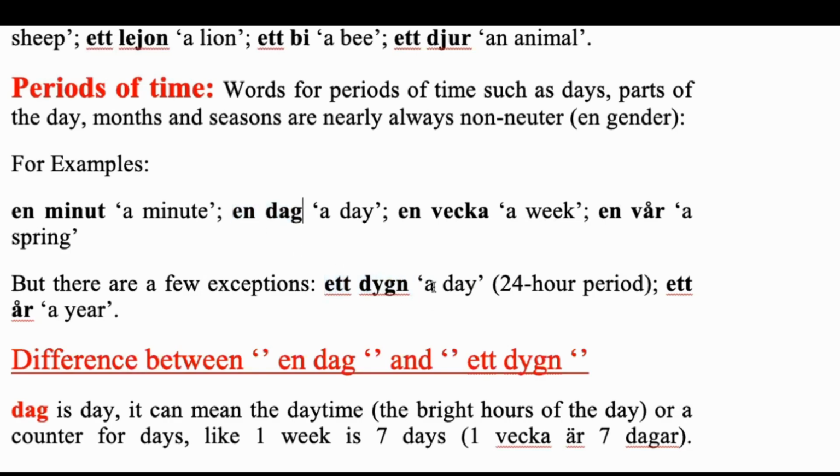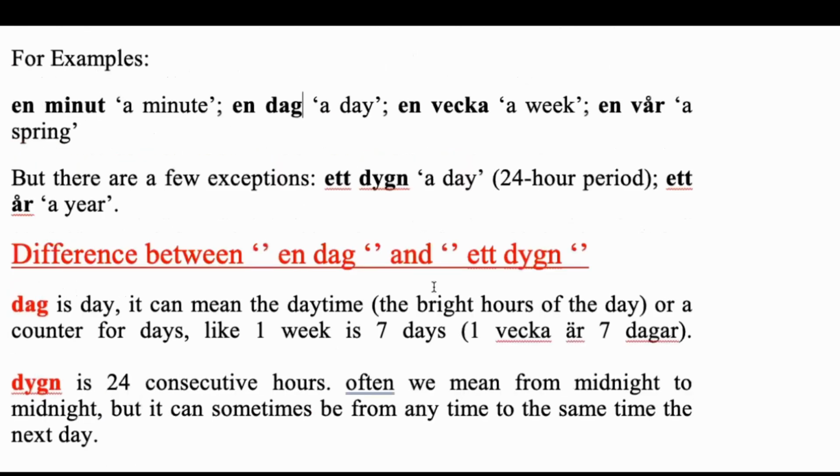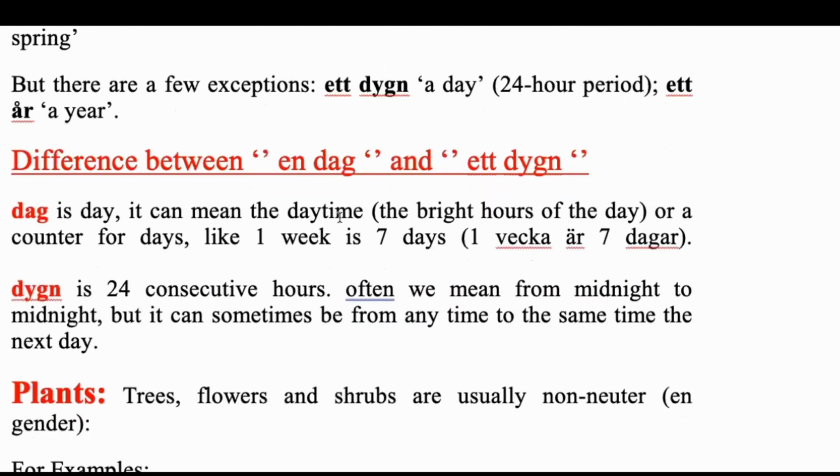What is the difference between these two? En dag we use for the daytime, basically the bright hours of the day, or it can be days of the week. For example, a week has 7 days, so I can say en vecka or sju dagar. One week is 7 days. Ett dygn is 24 consecutive hours.